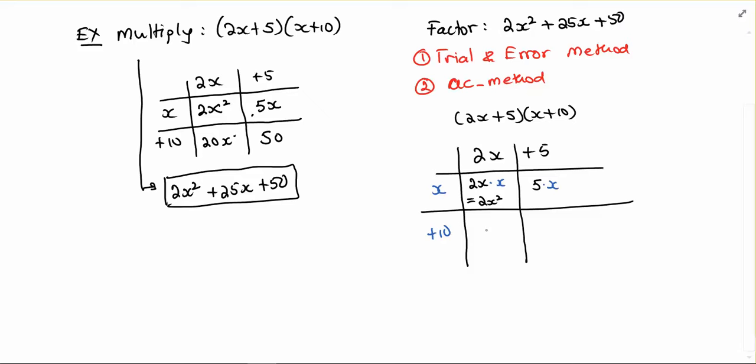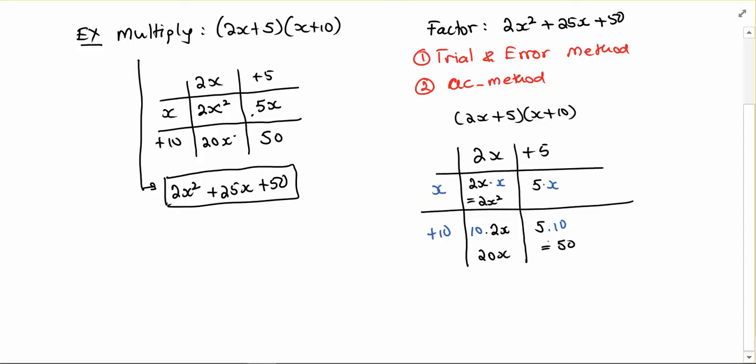In this third place we have our 10 and our 2x to give us 20x. And in this fourth spot we have our 5 and our 10 to give us our 50. So this is the whole process slowed down.